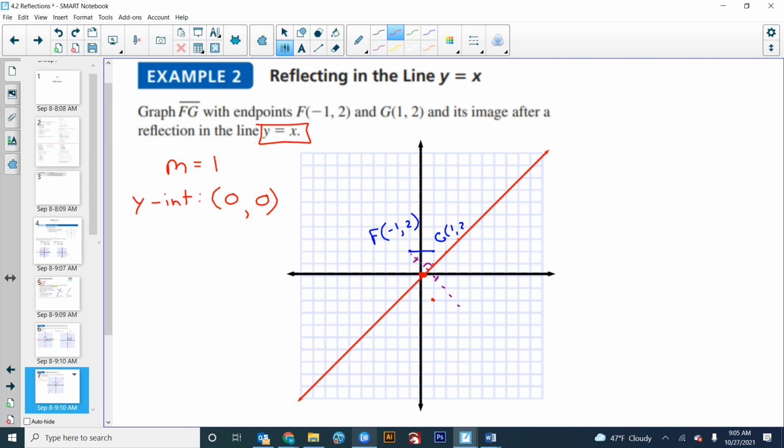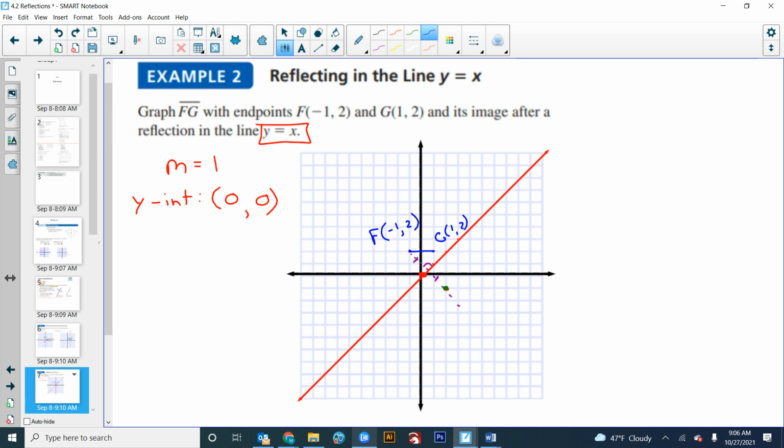Okay, Christiana? 2, -1. Let's see. 2, -1. That looks better. And then, Christiana, did you get as far as thinking about what G would be? Not yet? Let's work together.